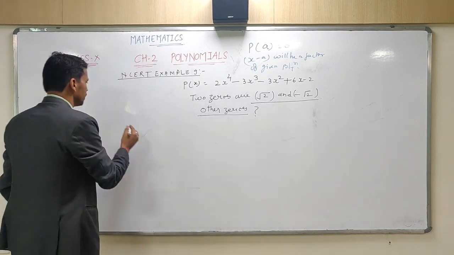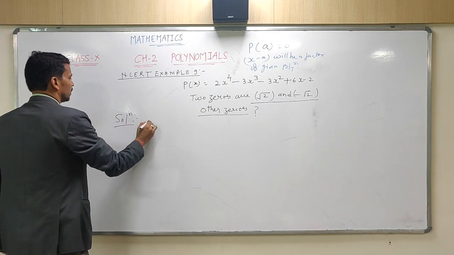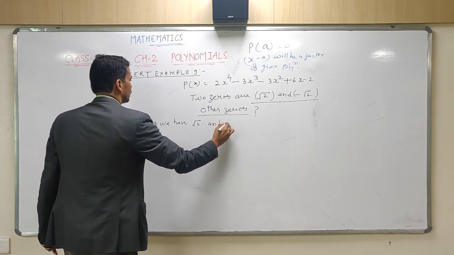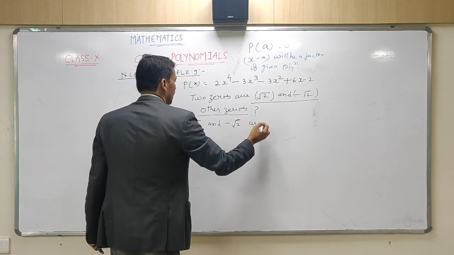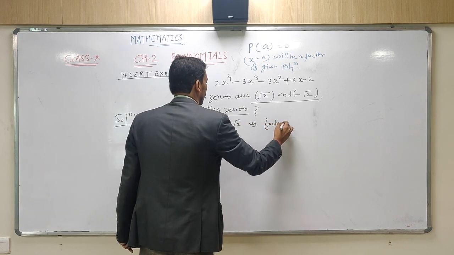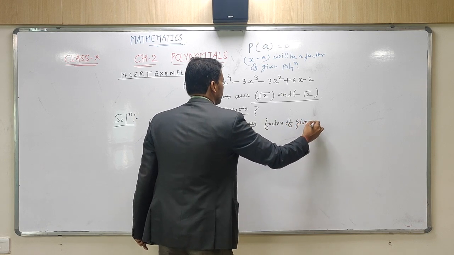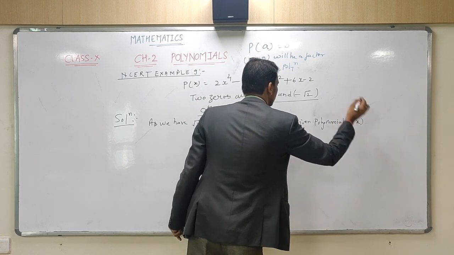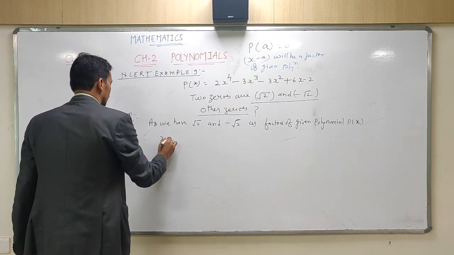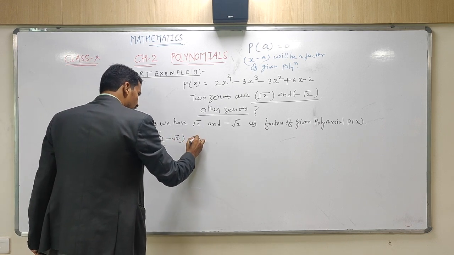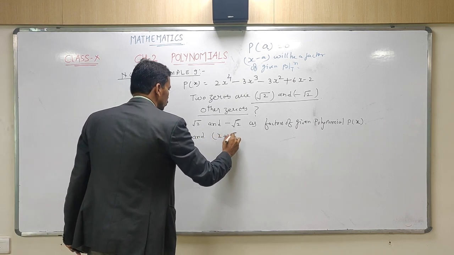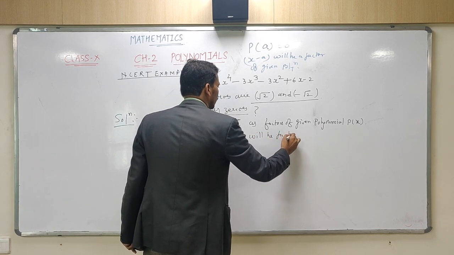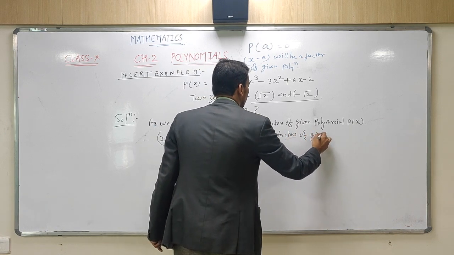How will you write the solution? Just see, as we have root 2 and minus root 2 as zeros of the given polynomial p(x), therefore x minus root 2 and x plus root 2 will be factors of the given polynomial.